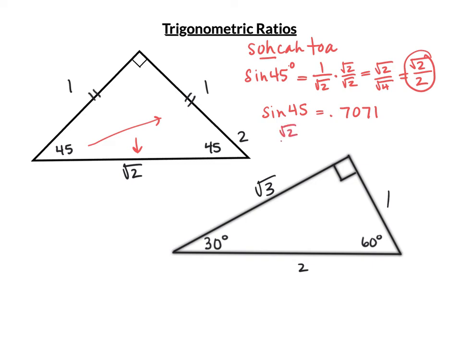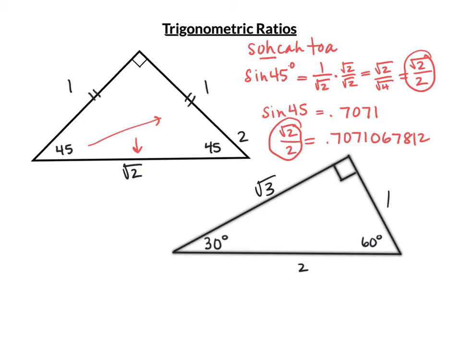It's root 2 over 2. And if you put that in the calculator, you get 0.7071067812. The difference is this is exact, it's unrounded. We can find exact values for 45 degrees, 30, 60, for sine, cosine, and tangent.